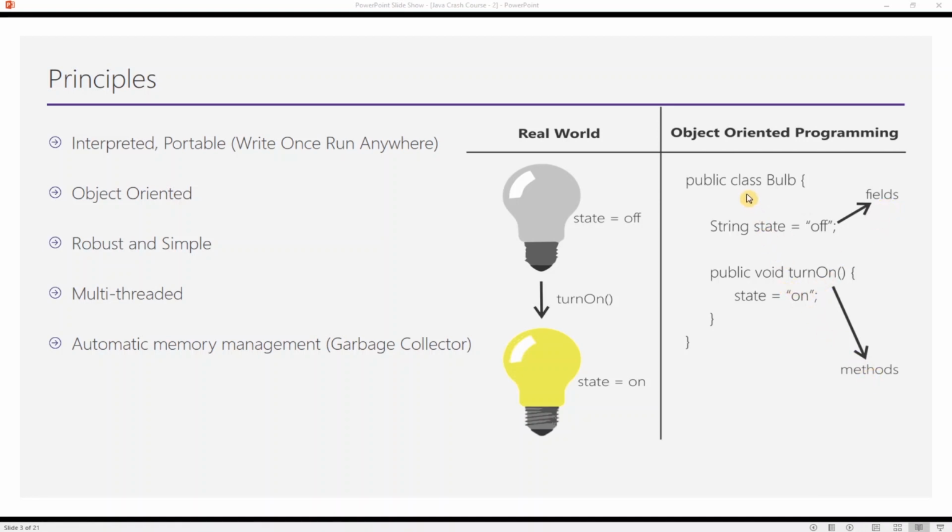We define classes as a blueprint from which individual objects are created. So consider this bulb class as a factory that produces objects of type bulb. And each object created this way manages its own state independent of others. We discuss more on the object-oriented aspects of the language later in this course.